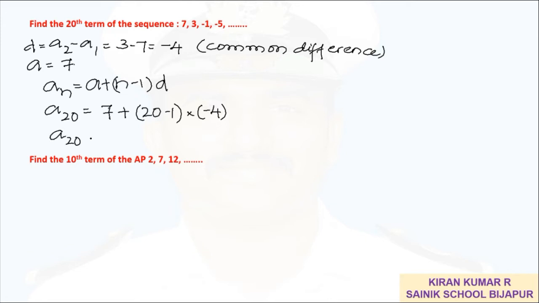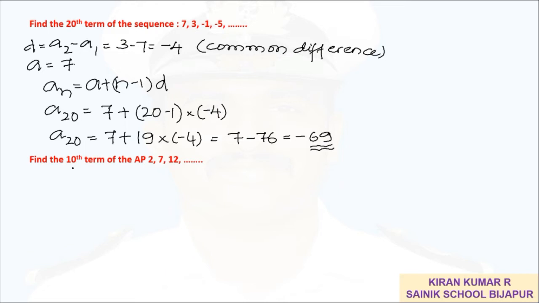So the 20th term is 7 plus 19 times negative 4. So 7 plus, we get 4 times 19 as 76. So here we have minus 76 because d is negative 4. So the result is minus 69. So minus 69 is the 20th term.